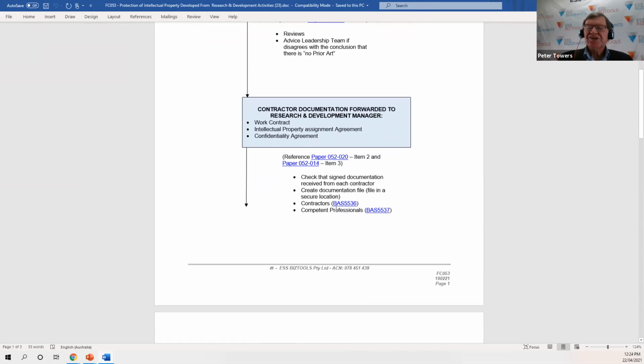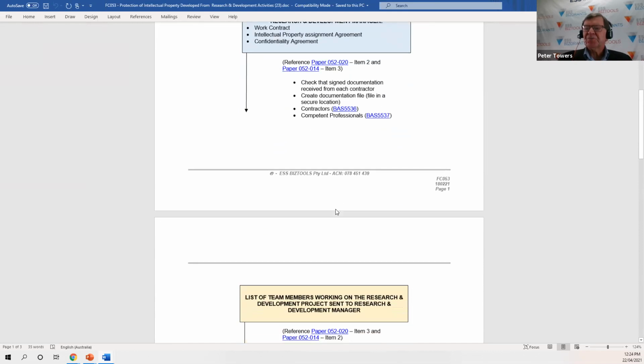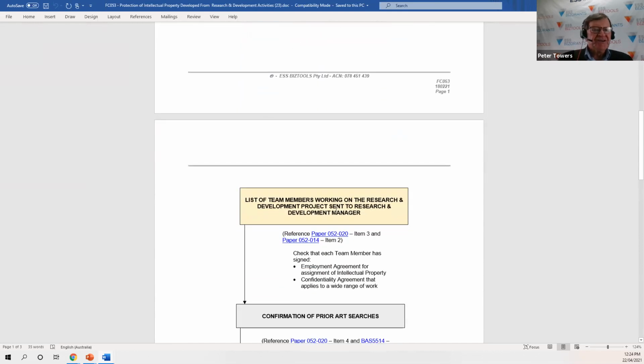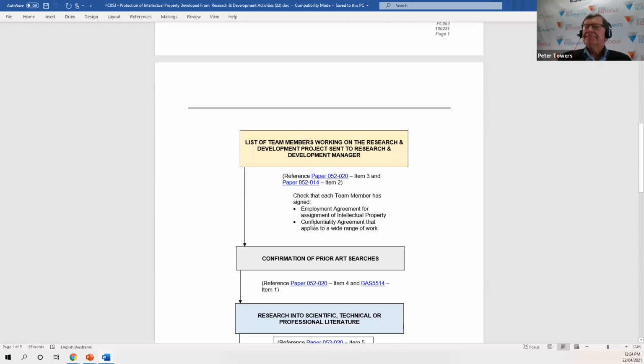So we're looking to make sure that the confidentiality agreements have been prepared, the assignment of intellectual property agreements have all been signed and returned. This is what the project manager should be doing before committing any money, before signing off on the agreements with these people.